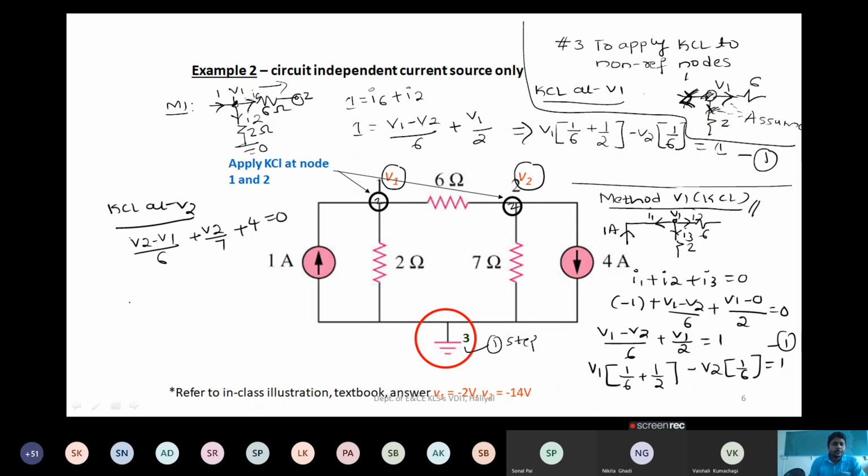You can rearrange it as minus V1 by 6 plus V2 times 1 by 6 plus 1 by 7 equal to minus 4. This you can call equation 2, and the earlier one is equation 1.